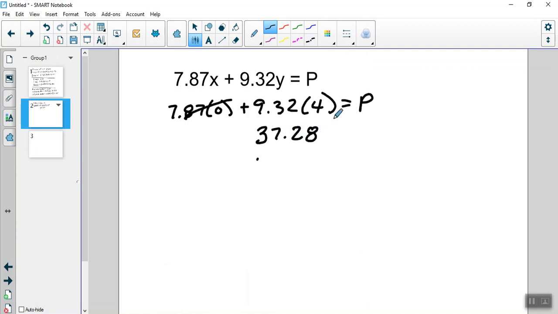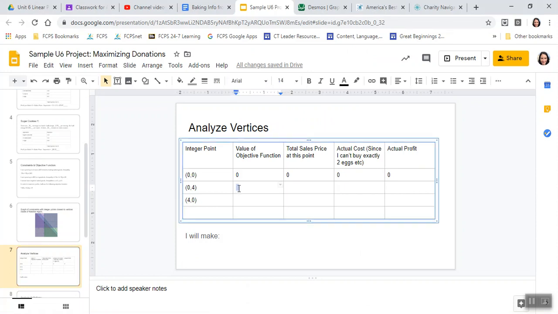Okay, so let's put that in. Total sales price at this point, that's going to come back from my slide for X and Y. So I made 0 of baked good X. I made 4 of baked good Y. So let me look at this one.